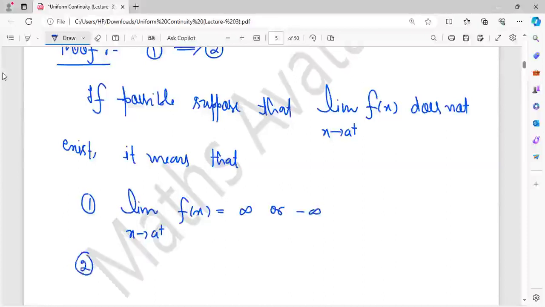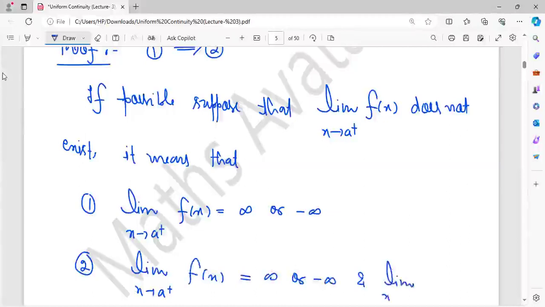Second option is limit x tends to a plus of f(x) is plus infinity or minus infinity, and limit x tends to a plus something finite number L naught. Okay, two possibilities.